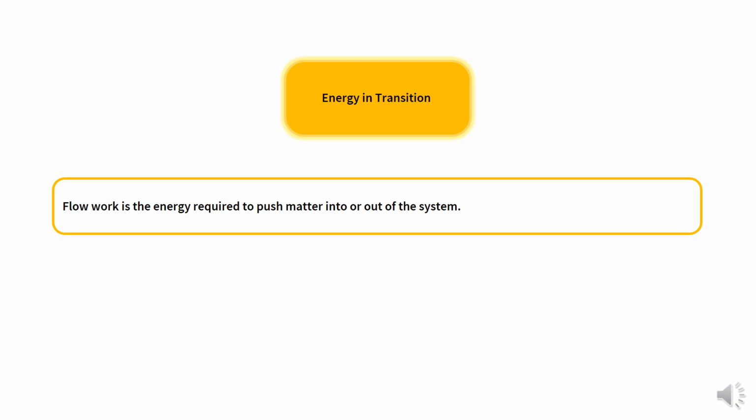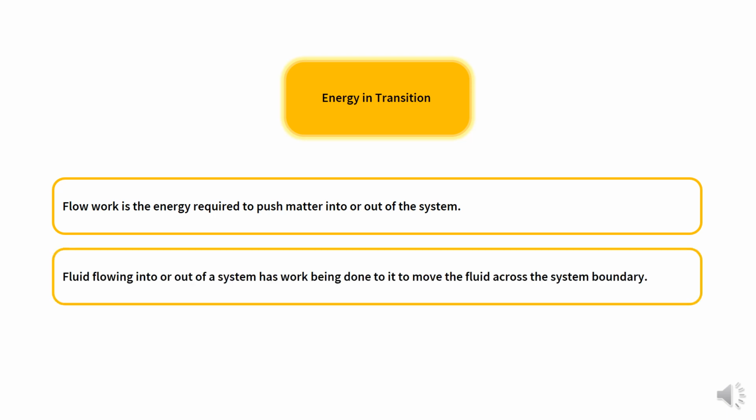We have to remember that work is typically classified into two types, non-flow work and flow work. The non-flow work we already discussed in the previous slide. For flow work, we can say that it is the energy required to push matter into or out of the system.